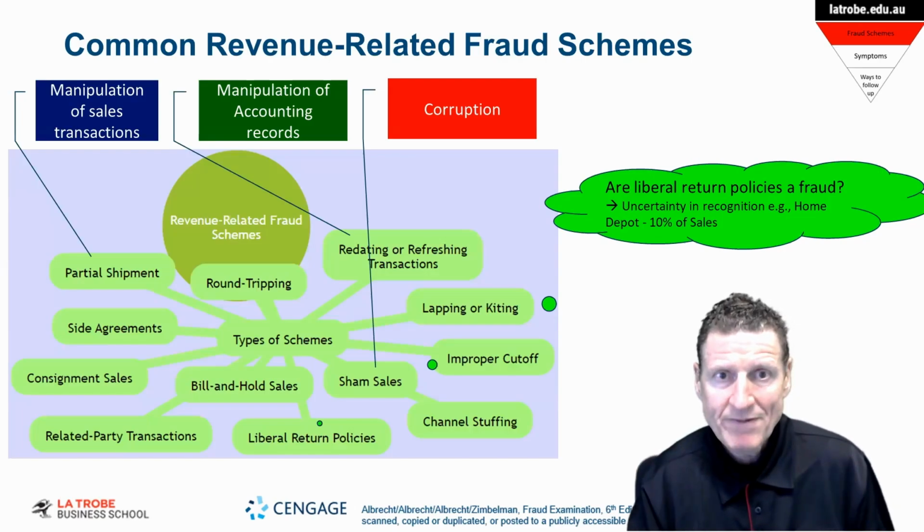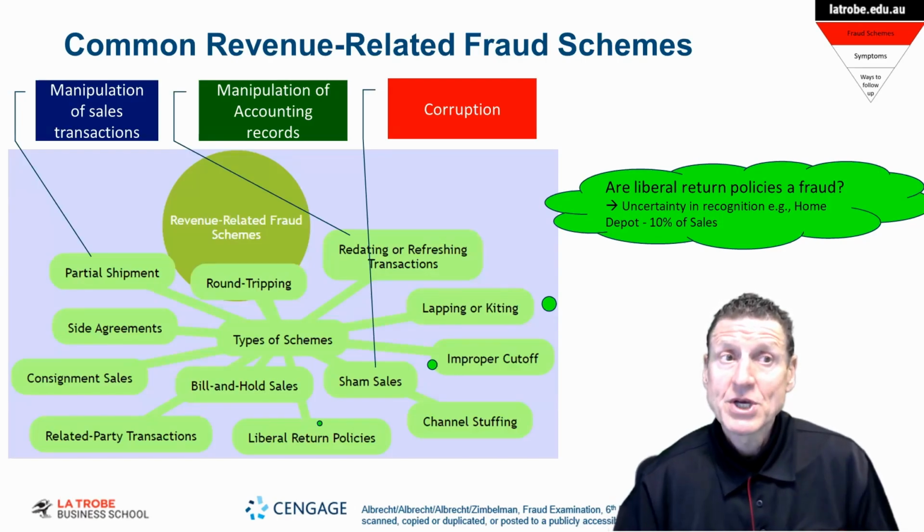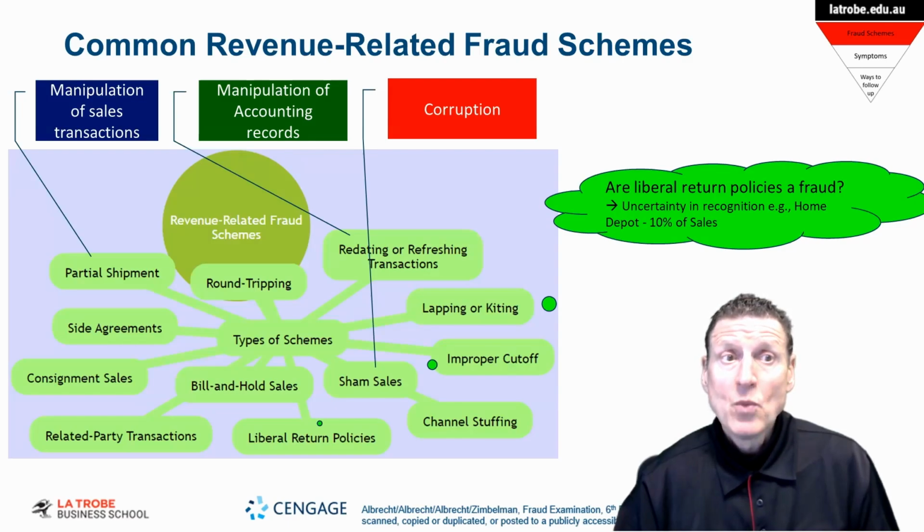Remember, these are all revenue types of fraud, but some of these are a manipulation of sales transactions. Okay, so we can think in terms of 3 different types or groups of schemes as follows, where we manipulate the sales transactions, like partial shipments. We manipulate accounting records, like the redating and refreshing of transactions, or just plain corruption, where we have sham sales.